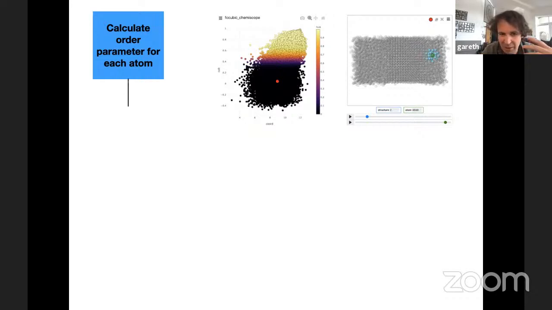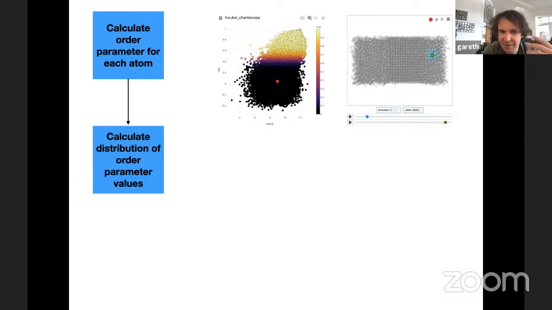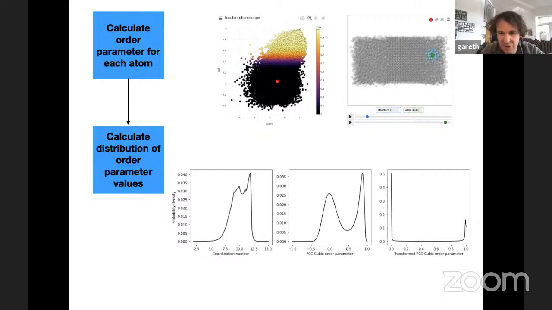A nice thing as well is that we can then calculate the distribution of those order parameter values, okay? And this is the distribution that we get for the particular system that I'm showing in that chemiscope representation for 3 particular order parameters, okay? Now, if you look at that chemiscope representation, hopefully you can see from the figure on the right that part of the system is solid-like and part of the system is liquid-like.